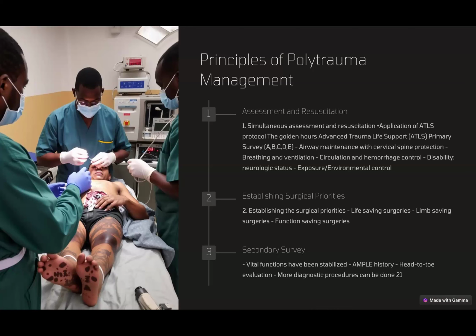Then for the E, or environmental control, you should completely undress the patient and then assess for any signs of occult injury, including the axillae, the groins, and the back. And then also be cautious to manage hypothermia in some of these patients that are in shock. So now the next thing, in the primary survey, are diagnostic additions.